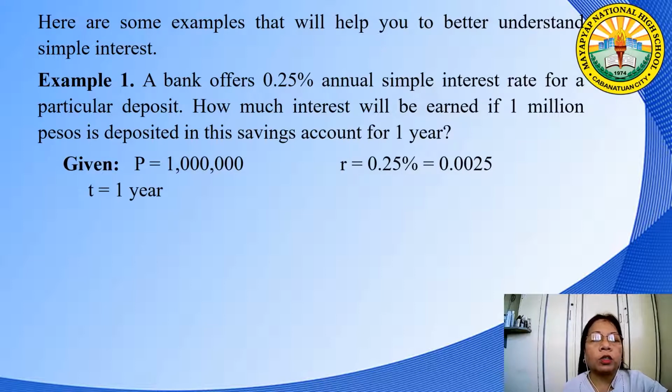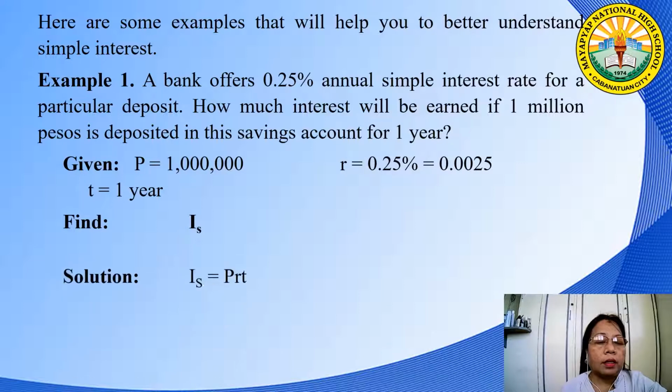The rate of simple interest is 0.25%. Then first is to convert it to decimal, and that is equal to 0.0025, and the term or the year is 1 year. So you are required to find the simple interest.